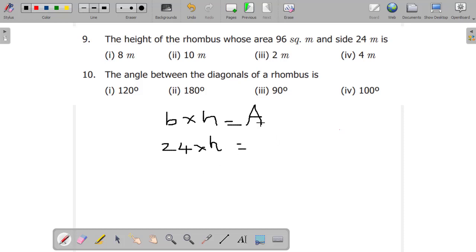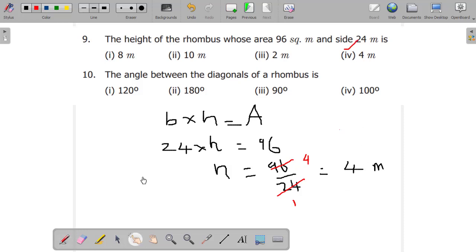And we know the value of A. What is that? 96. So keeping H on the left side, 24 will become a dividing factor if we send it to the right hand side. So how many 24s are there? 1 24 is 24, 4 24s are 96. Therefore, the answer is 4 meter. Which is the right option? 4 meter is the fourth option. This is the right option.